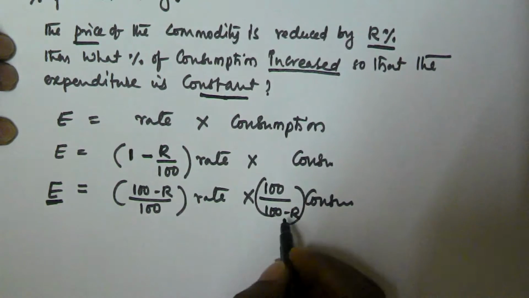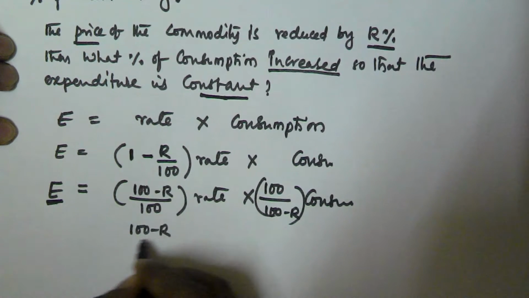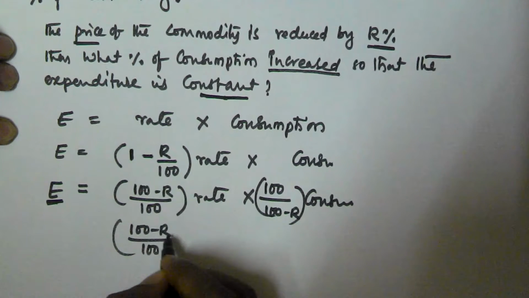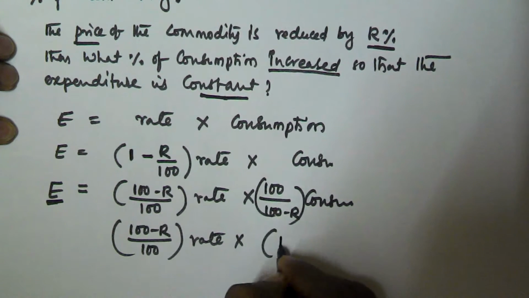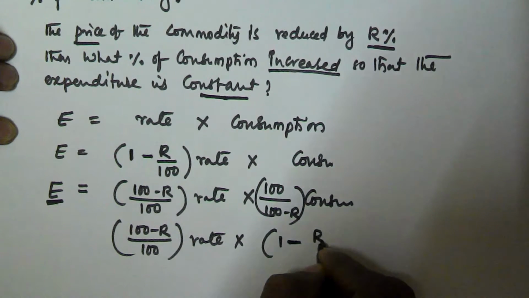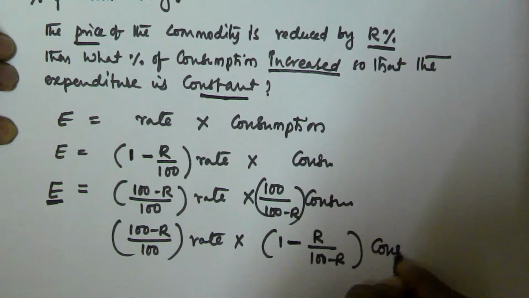So this same equation can be written as (100 minus R) by 100 into rate, into 1 minus R by (100 minus R) into consumption.